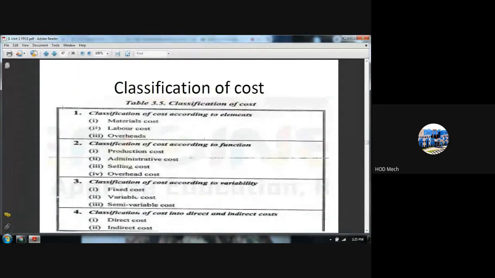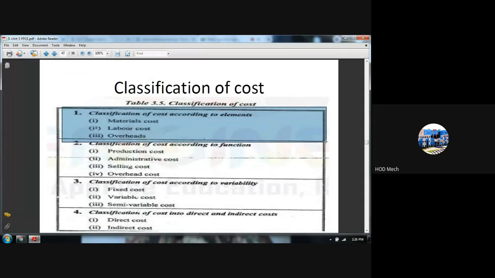The first classification is classification of cost according to element. Element in the sense, what are the major classifications for costing? For any industry, you need material and manpower for running the business, majorly.